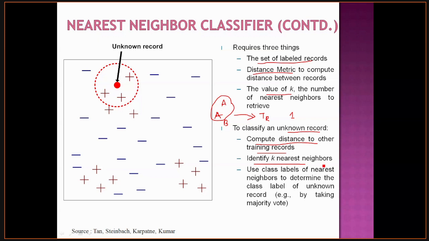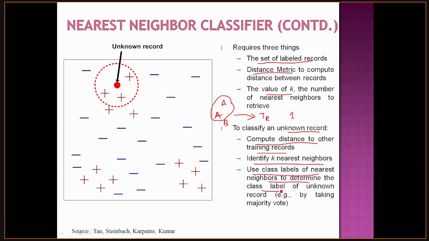So the second step is to identify the k nearest neighbors. And the third step is to use the labels of the nearest neighbors to determine the class label of the unknown record. So 3 steps. One, calculate the distance between the individual test record, one record at a time, and all the training records.